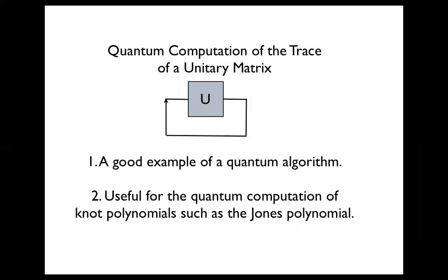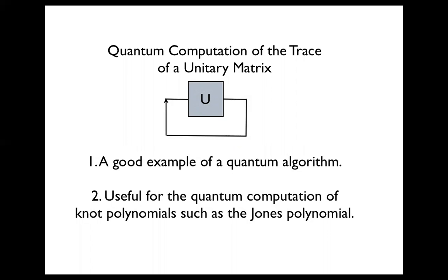I'm going to create a unitary matrix that corresponds to a representation of the braid group that is related to the Jones. And then I'm going to set it up so that the trace of U is the essential information that I need in order to actually get the Jones polynomial from the U.